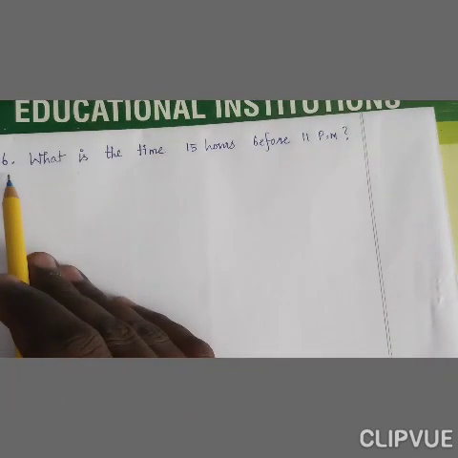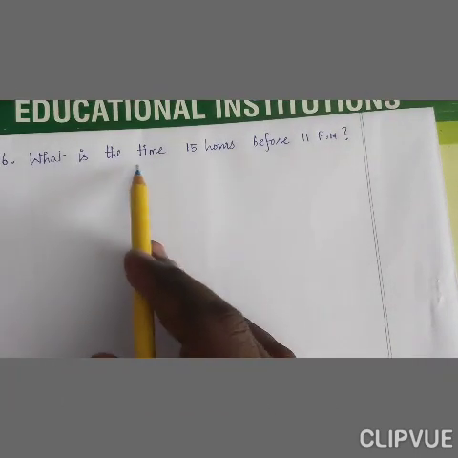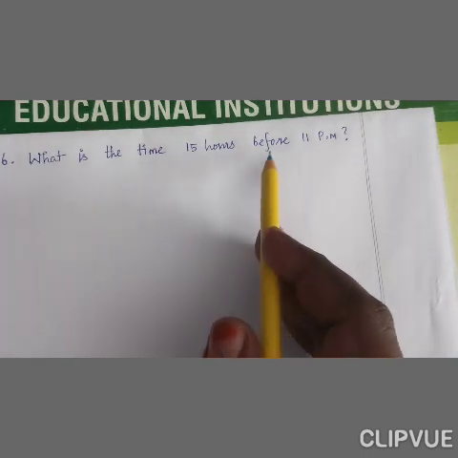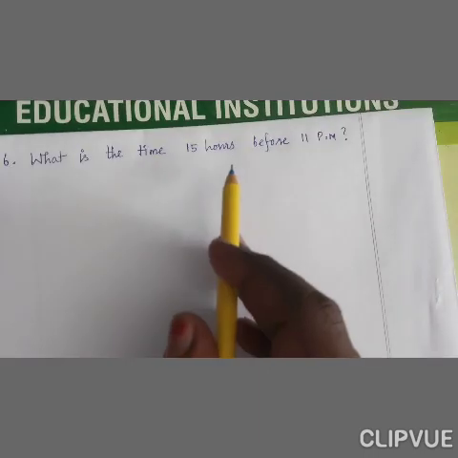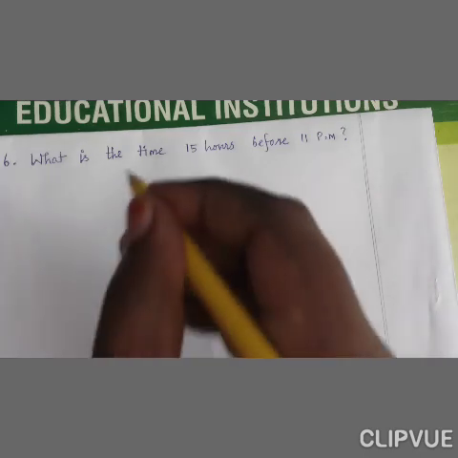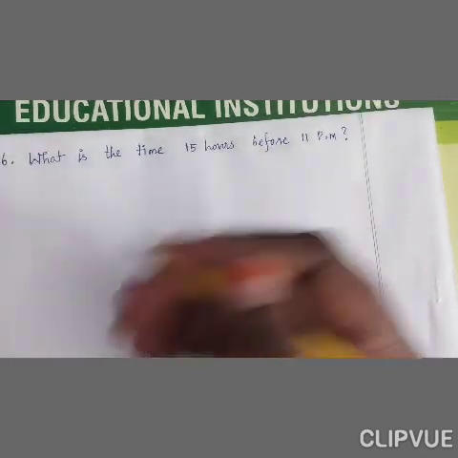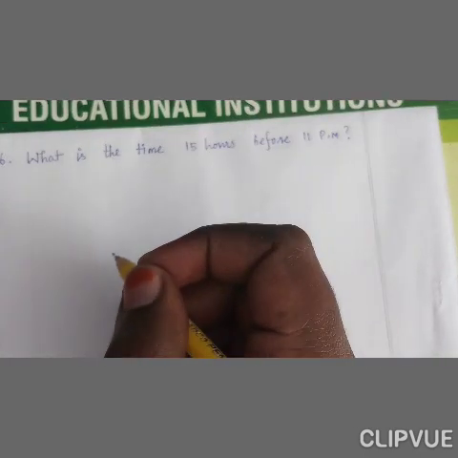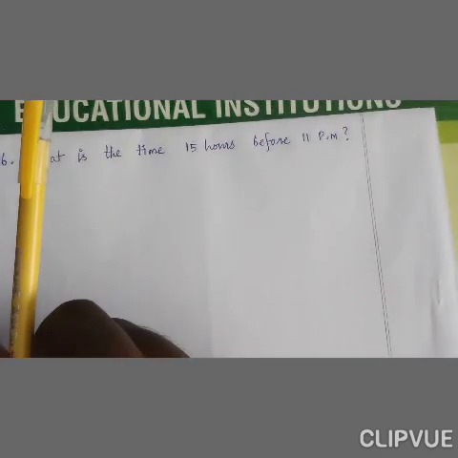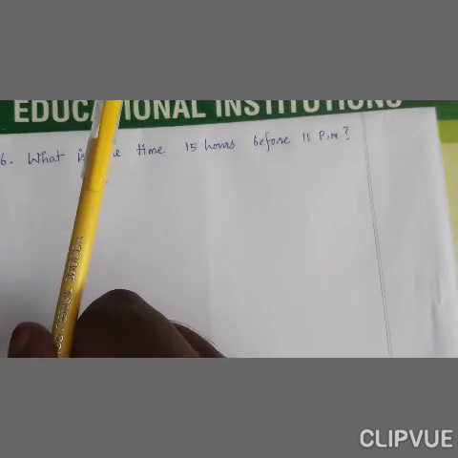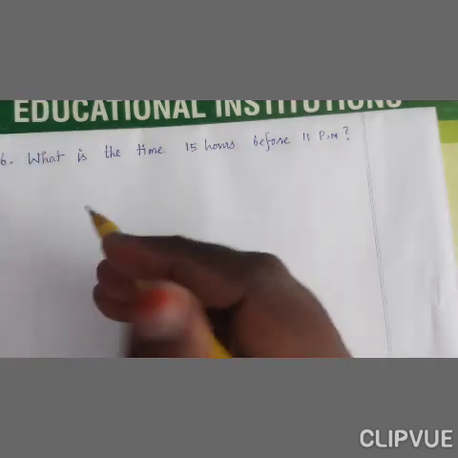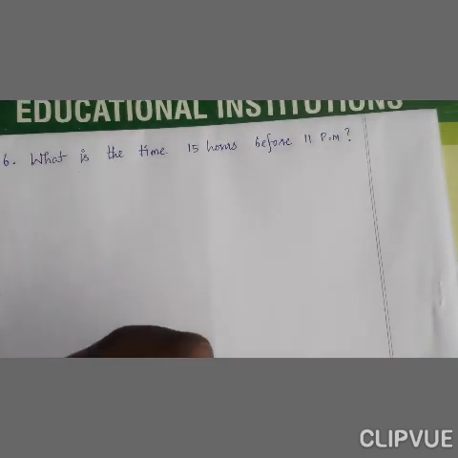Question number 6. What is the time 15 hours before 11 p.m.? The previous problem we have done. That question is, what is the time 100 hours after 7 a.m.? So, we have written 100 congruent to x mod 12 because that 7 comes in every 12 hours.